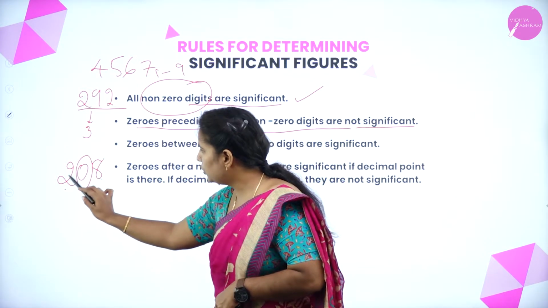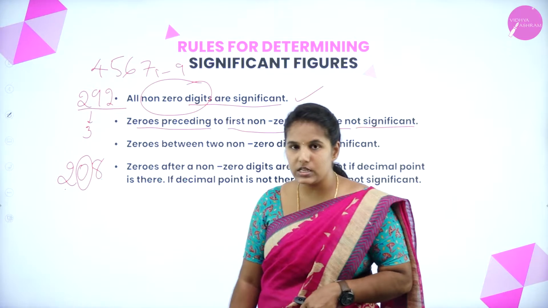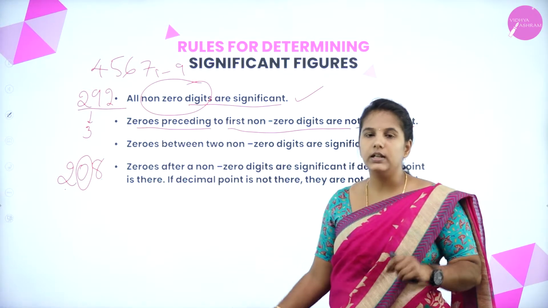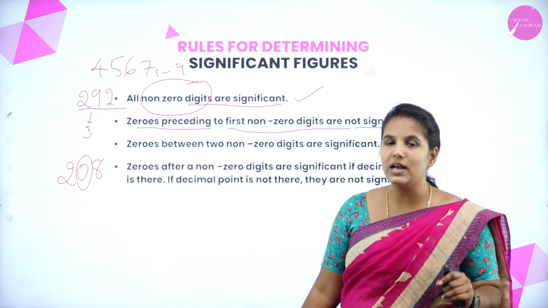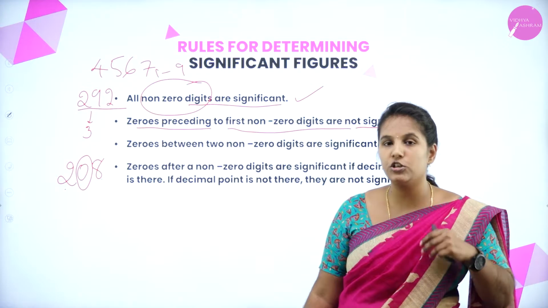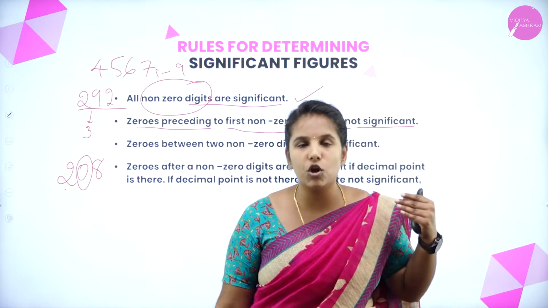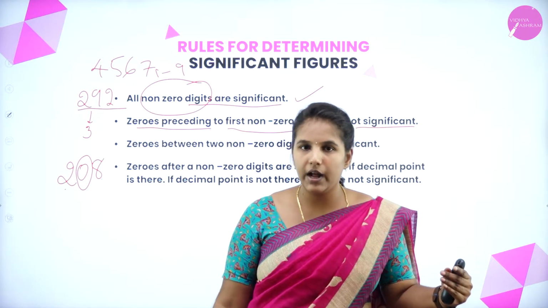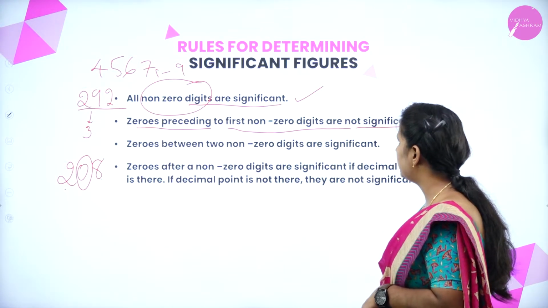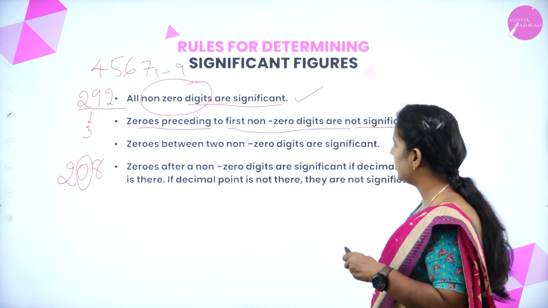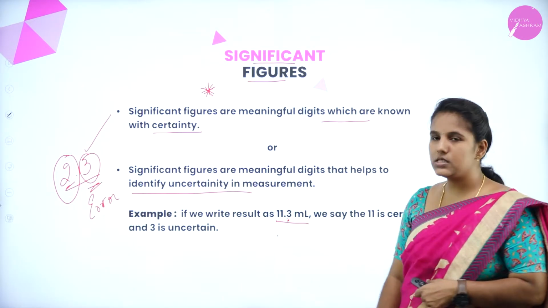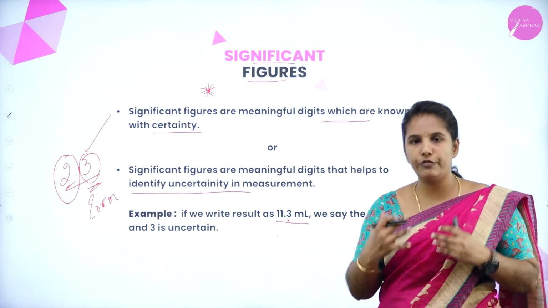Between the two non-zero digits, there is a 0. In such cases, we should not consider those values because they are not significant. Understood? So 0 preceding the first non-zero digits is not significant. So this is all about the significant figures.